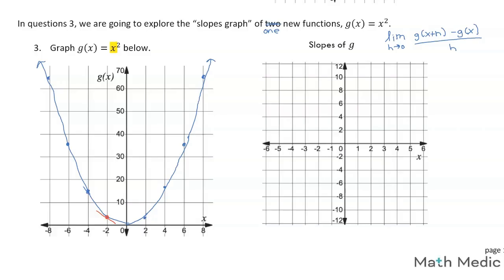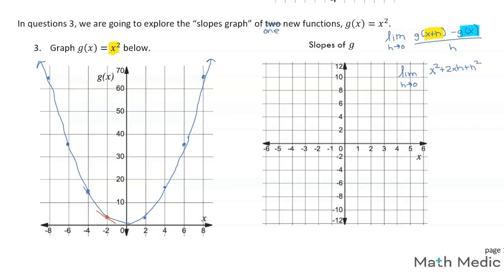To find the first one, I'm going to plug in x plus h into my function g of x equals x squared. And then I'm going to FOIL it all out. So I'm skipping a whole bunch of steps here to get x squared plus 2xh plus h squared.